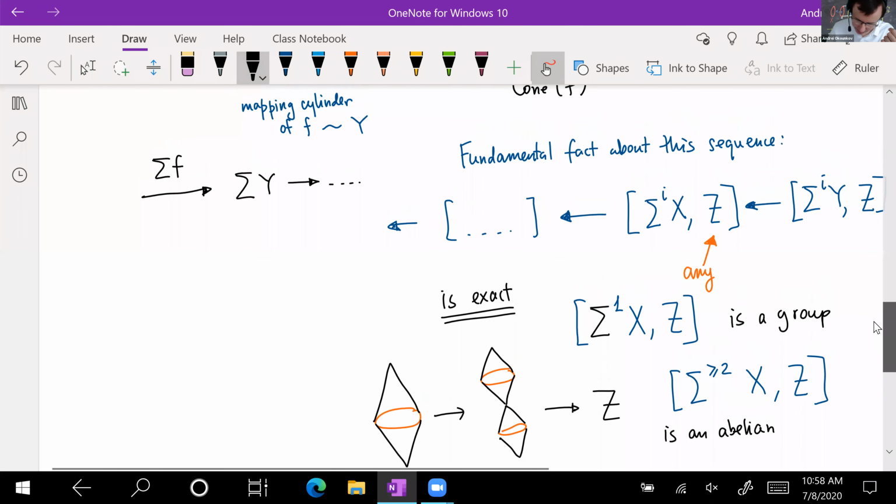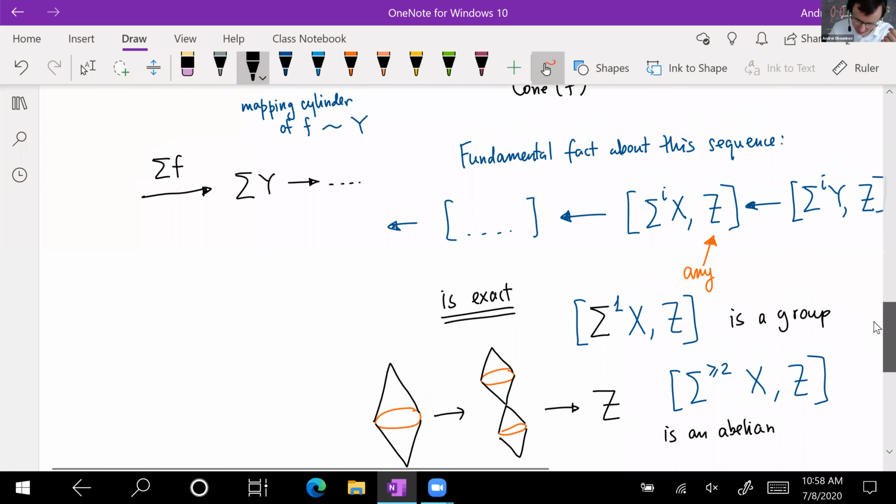And so this is saying that the long exact sequence corresponds to the fact that this cofibration sequence gives you a long exact sequence in homology.